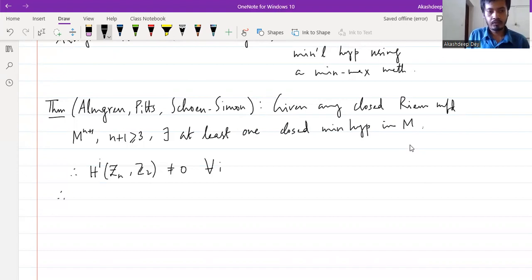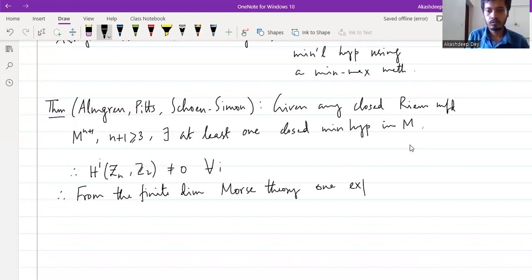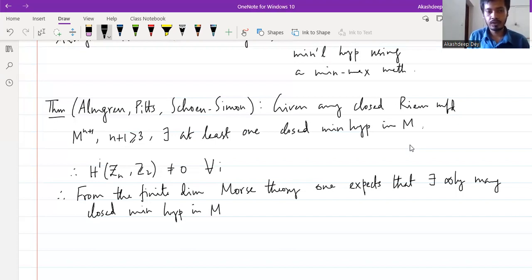Therefore, from finite dimensional Morse theory, one expects that the area functional has infinitely many critical points, that is, there exist infinitely many closed minimal hypersurfaces in M. This was conjectured by Yau.